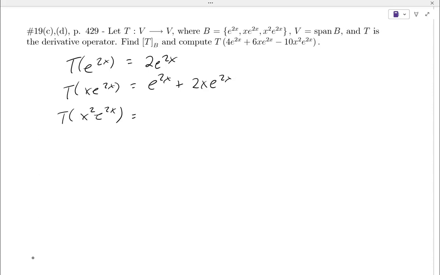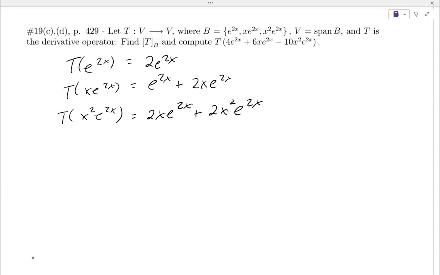For the other one, what do we get? Good. Yeah, exactly right. All right, so those are the derivatives that we have for our three basis vectors.